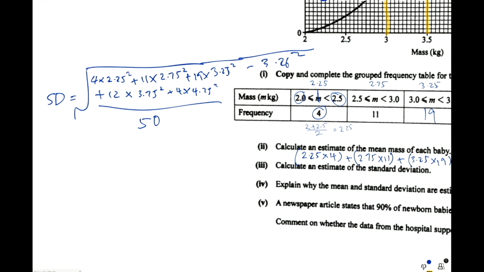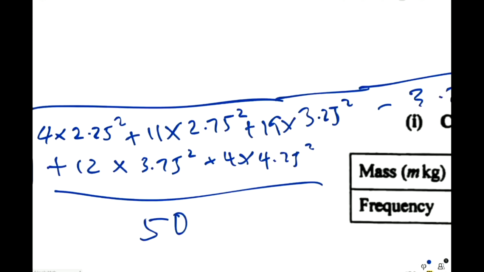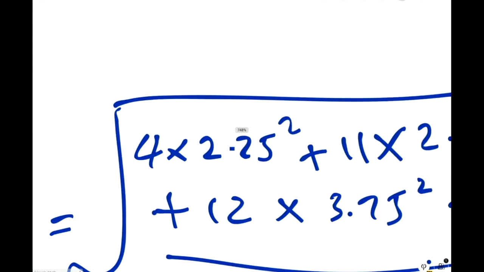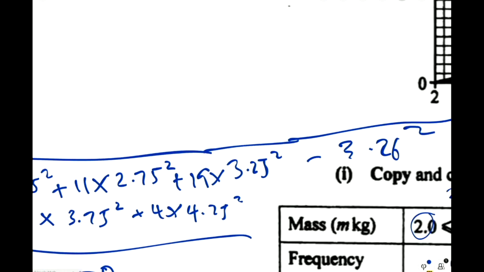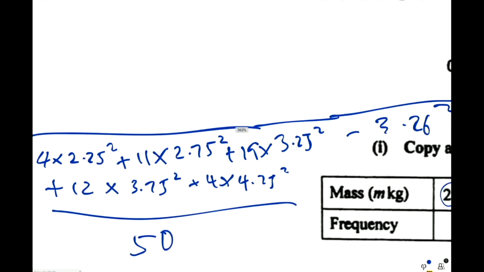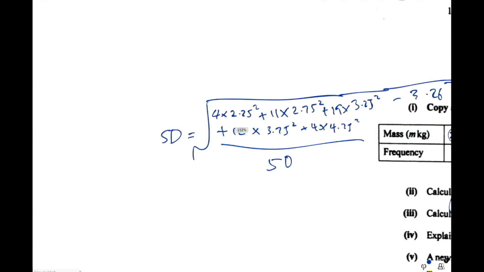Okay, so I ran out of space. This is how it works. Can you see the formula? Basically, first I take all these numbers, 2.25, 2.75, and I square them. Square it, times the frequency. Square it, times frequency 19. Then I add them together and divide by the total frequency of 50.